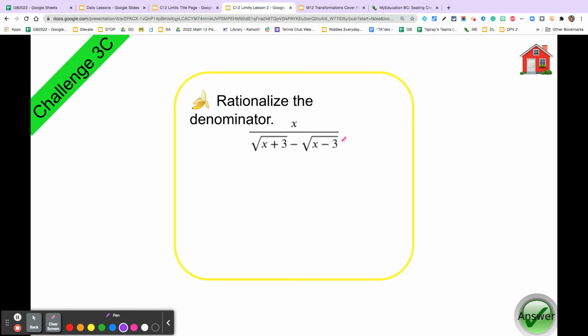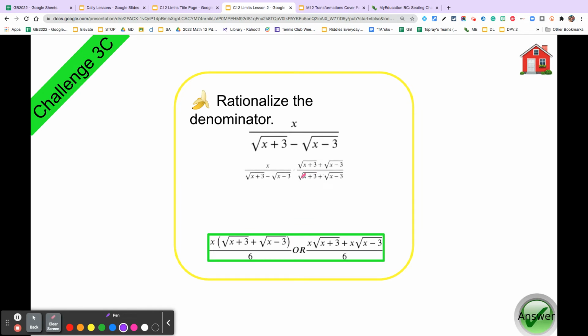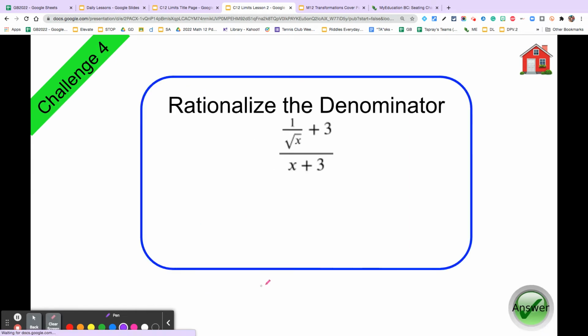We're going to multiply top and bottom by the conjugate of this. And the conjugate of that is root x plus 3 plus root x minus 3. And when we do that, believe it or not, it all simplifies to 6 on the bottom and the business up top. Notice I left it in a couple different ways. Both would be all right as ways to leave that.